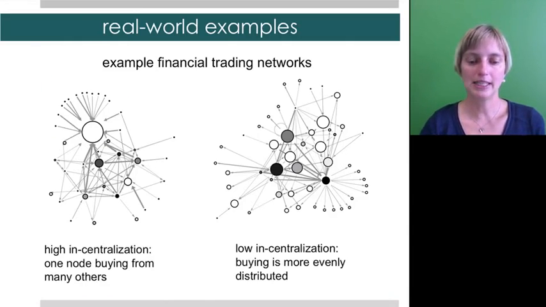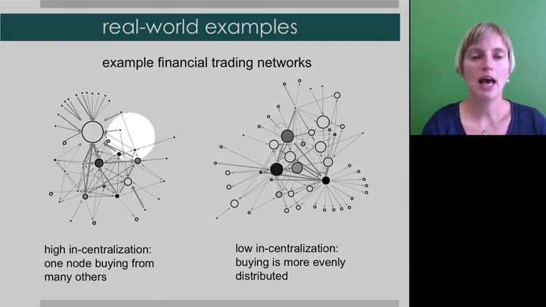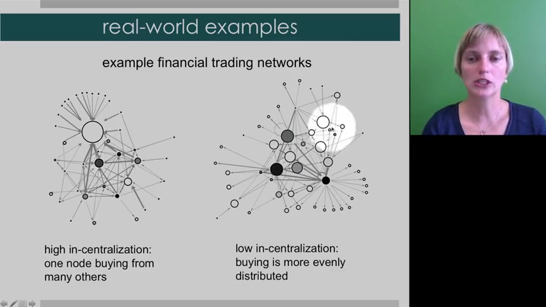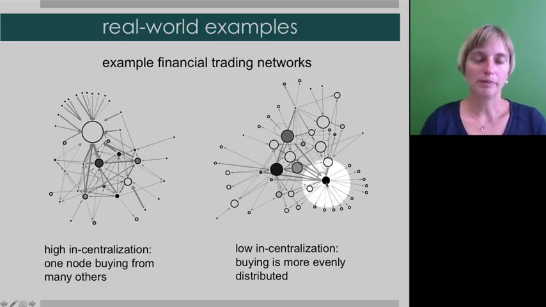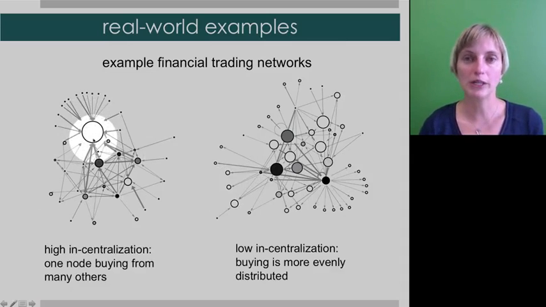I mentioned these trading networks that I had analyzed. So these are brokers, and they're trading in futures contracts having to do with the S&P 500. And in this case, what I've done is I've sized the nodes by their in degree. So the larger the node appears, the higher its in degree. And I've colored them by out degree. So the larger the out degree, the darker the node. And in any case, you can see that here the network has very high in-centralization because one node really dominates.